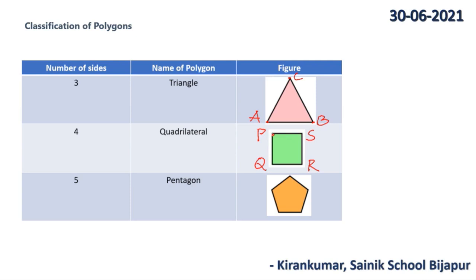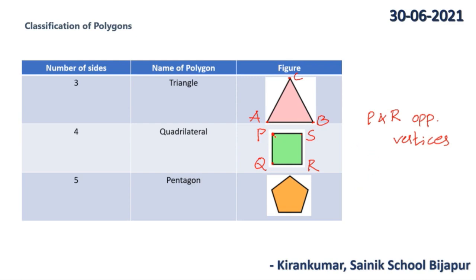With respect to vertex P, Q and S are adjacent and R is opposite. P and R are opposite vertices. With respect to vertex Q, vertex S is opposite. With respect to vertex Q, vertices P and R are adjacent.